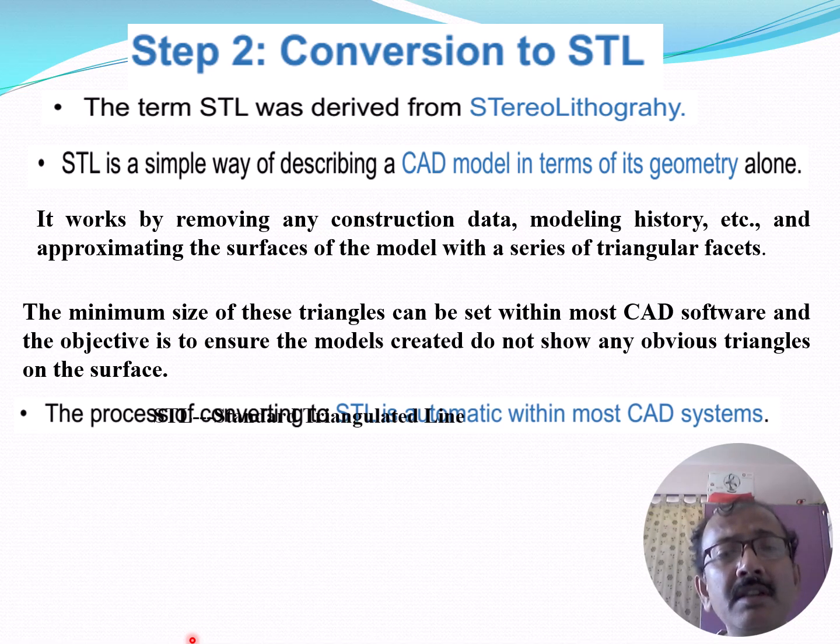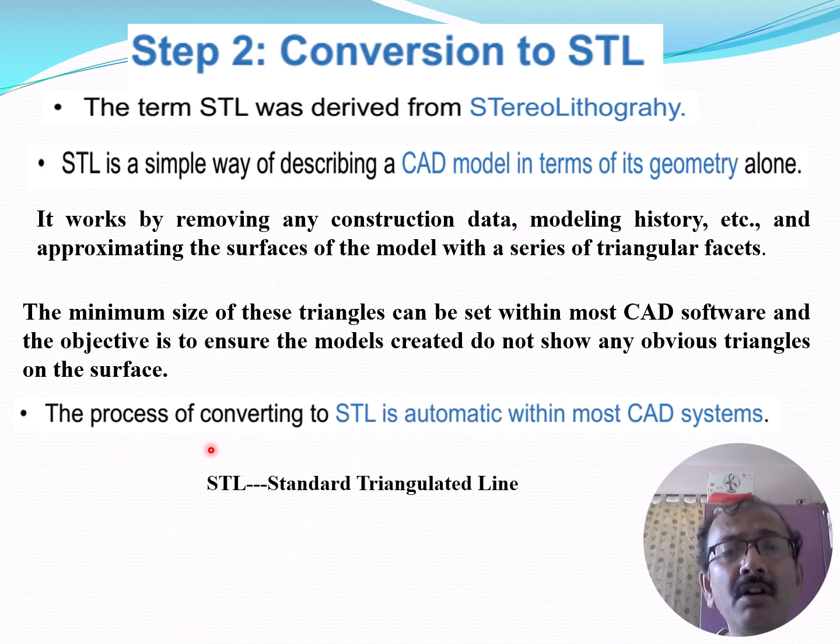The process of converting to STL is automatic within most CAD systems. That means this process is automatically converted. So the total CAD model will be converted into the STL format.